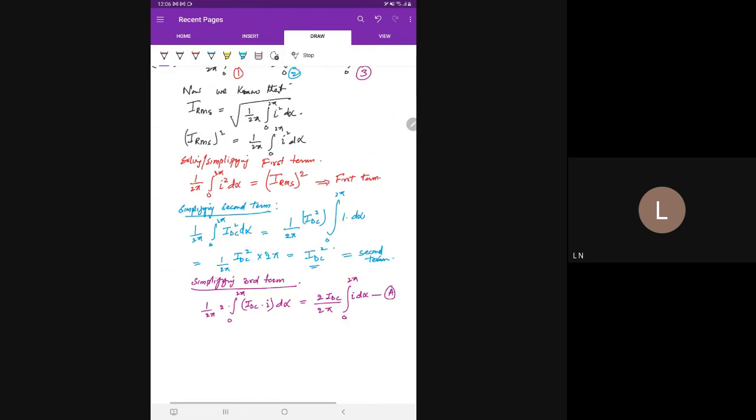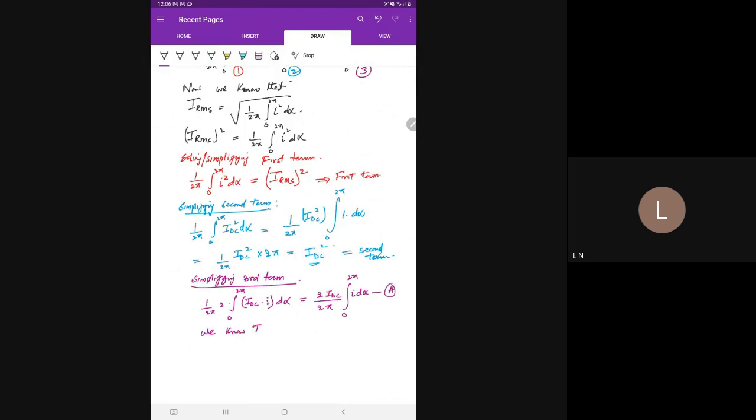We also know that IDC we have already calculated in our previous lecture. IDC of a rectifier is equal to 1 by 2 pi integration of 0 to 2 pi I d alpha. Therefore, from equation A, what can we have now?